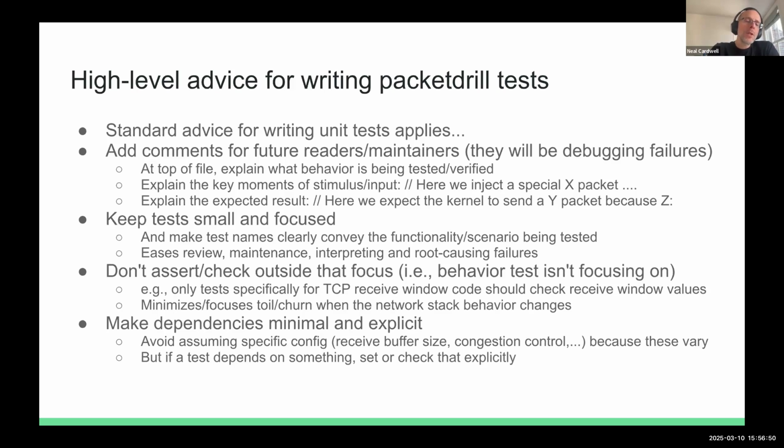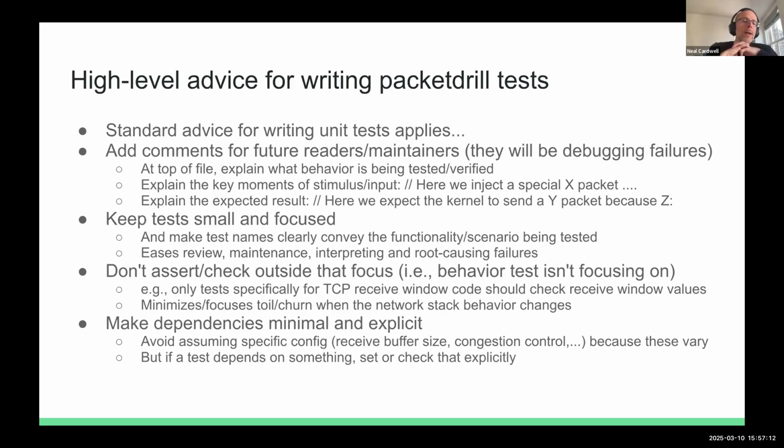We find that it's good in tests to avoid making assertions or checks outside the particular narrow focus of a test. For example, we like to say that only tests that are specifically testing receive window behavior should check outgoing receive window values.